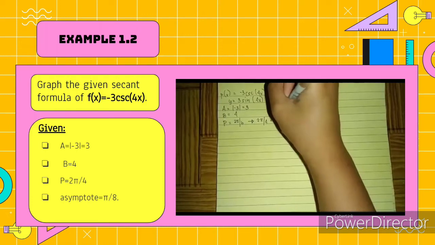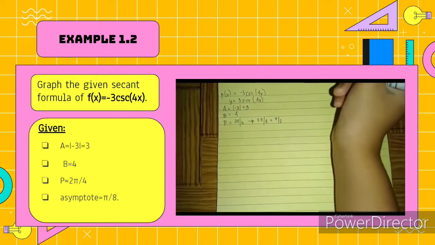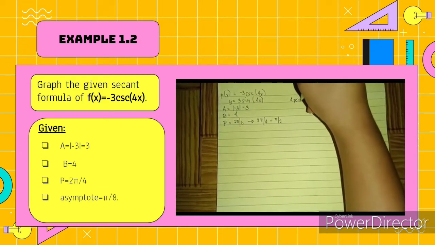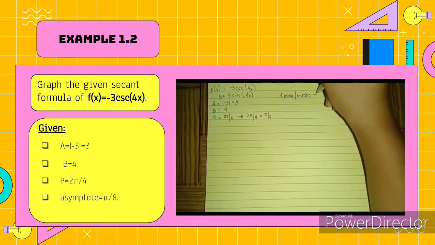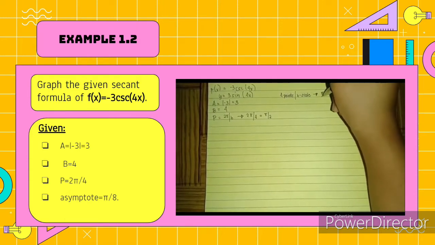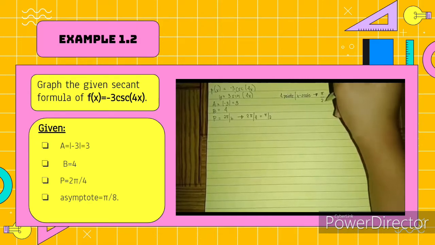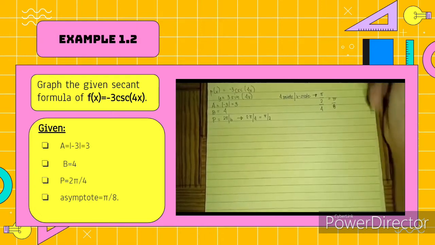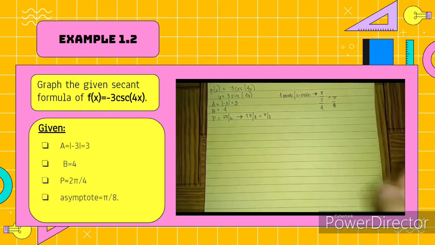And lastly, our period is equal to 2 pi over b, which is 2 pi over 4, equal to pi over 2. So the important thing we have here is the x scale, or 4 points. In order to get the x scale, we need to divide our period by 4, which is pi over 2 divided by 4, equal to pi over 8.